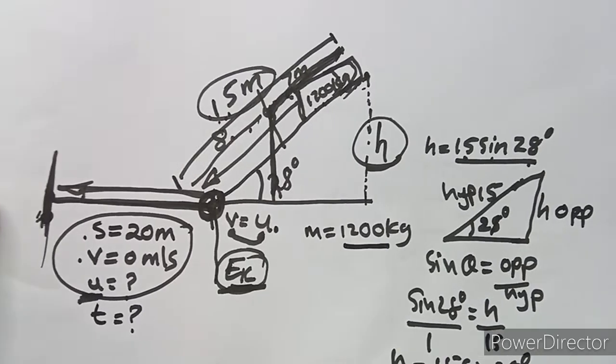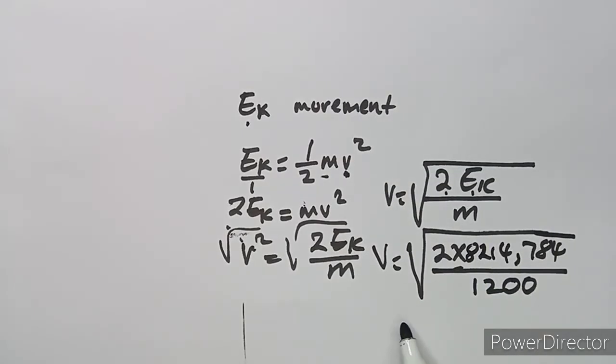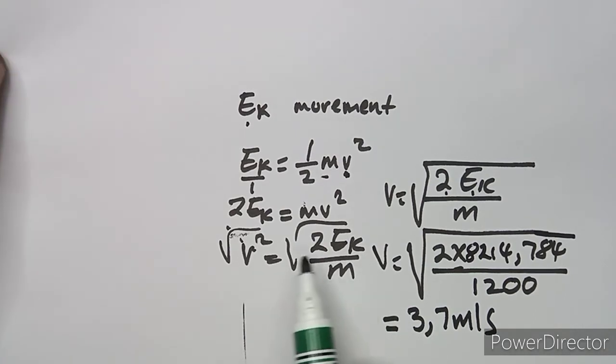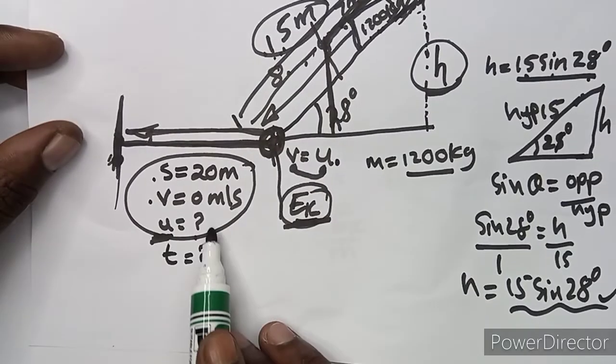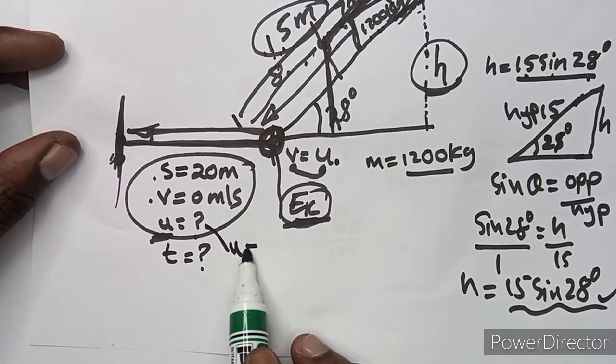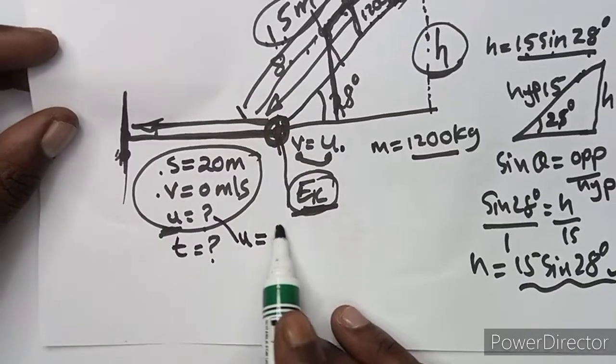We are still using the same mass of 1200. If you use your calculator properly here, you are going to obtain the velocity. So the velocity is 3,7 meters per second, which is the initial velocity here. So now we've got the initial velocity, which is 3,7 meters per second.